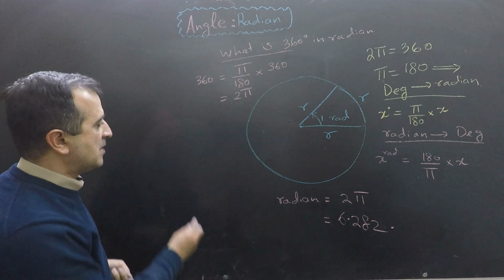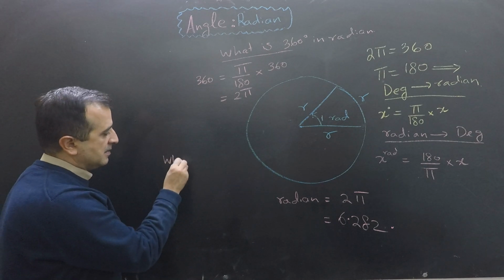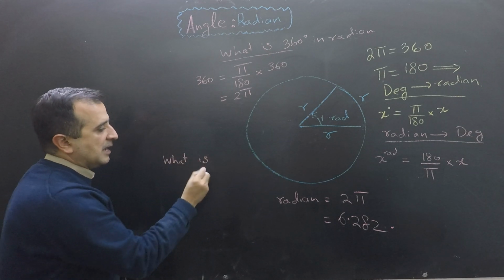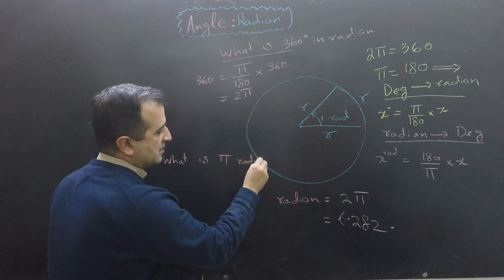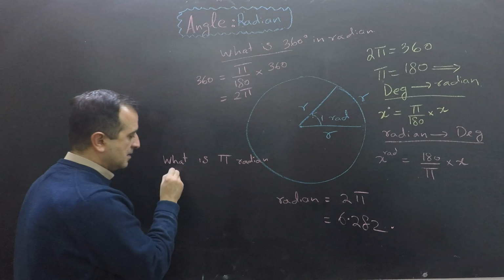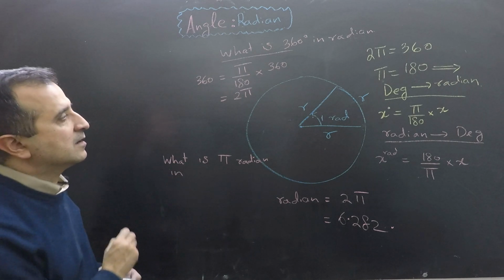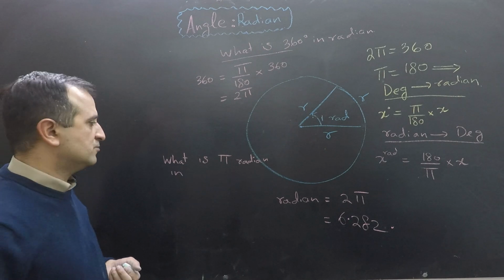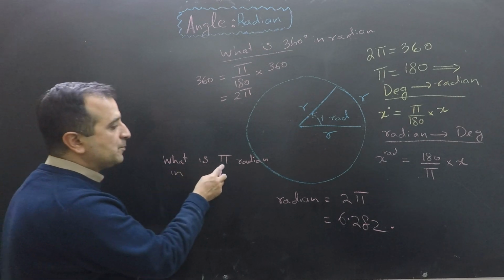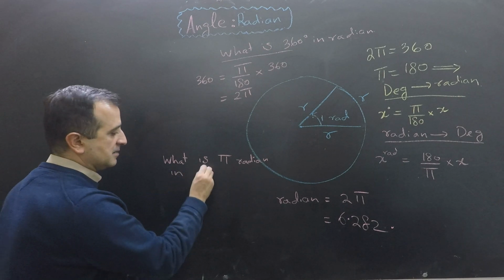A second question can be asked: why don't we write the answer of 2 pi, which is like 6.28? We can write it, but we don't have to, so let's not solve it further. So what is pi radians in degrees?